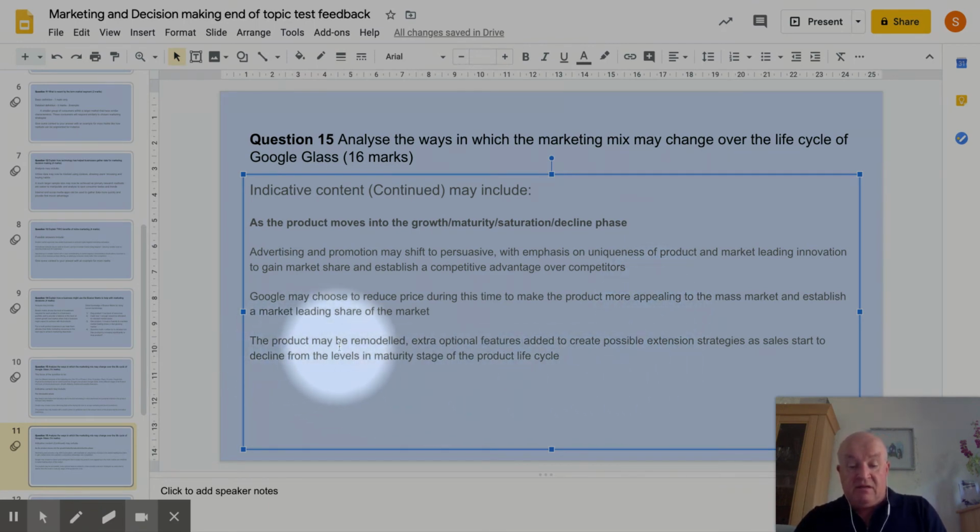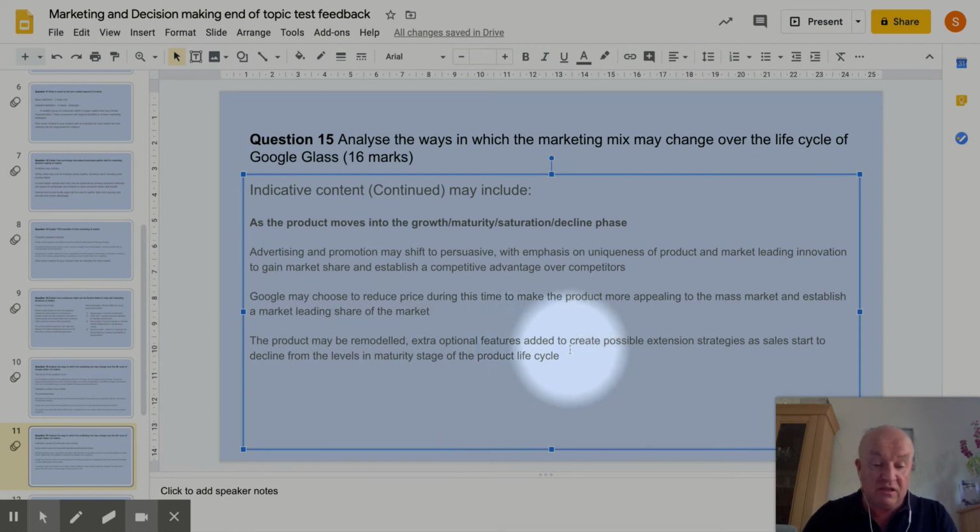Another factor here is that over time, you might also remodel the product, okay? Look at optional features that add to the possibility of creating extension strategies as sales start to decline from the maturity stage of the product life cycle, okay?